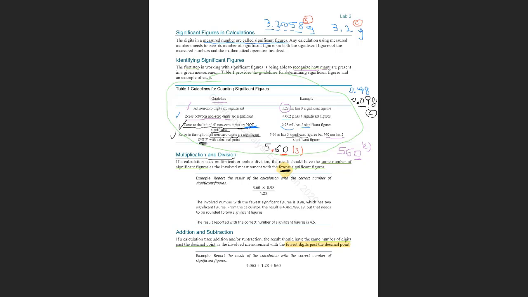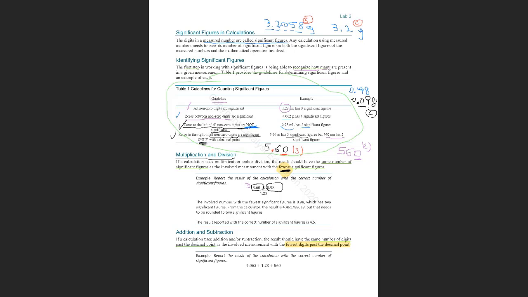And it says, report the result of the calculation with the correct number of sig figs. Okay, how many sig figs has 5.60? Somebody can message me and tell me. 3, Carissa. 3, perfect. So this number has 3. Very good. Then I look at the other number, 0.98.